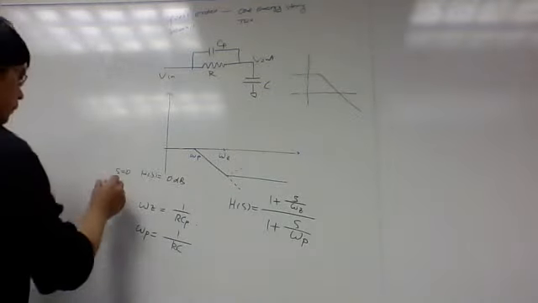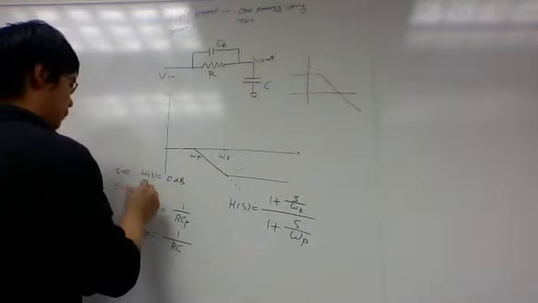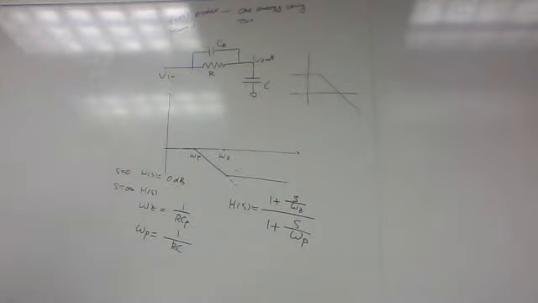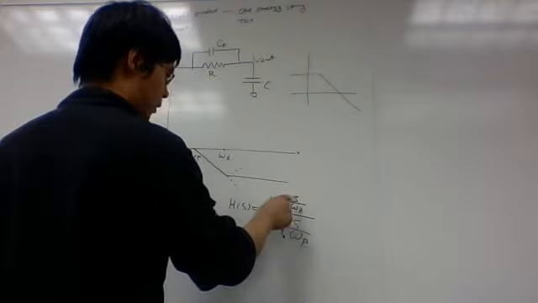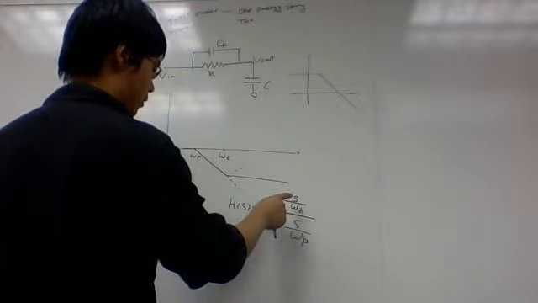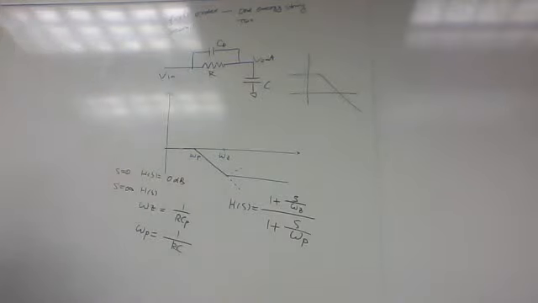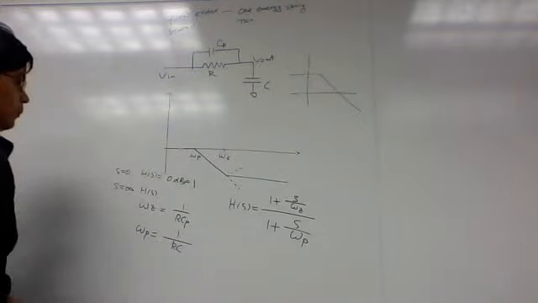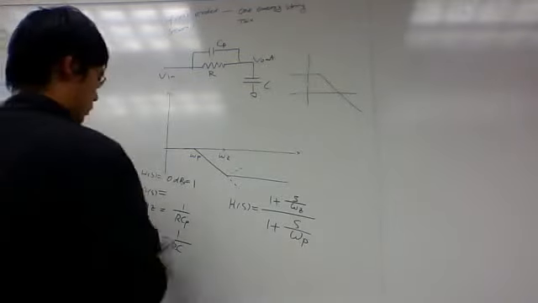So at infinity, originally this should be very negative, very, very small. H of s, without this omega z, without this zero, would be 1 over this one, so it would be 0. This is 0 dB and it's 1. So if it's like this, how much will that be?